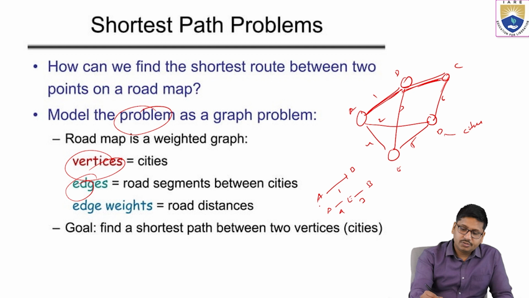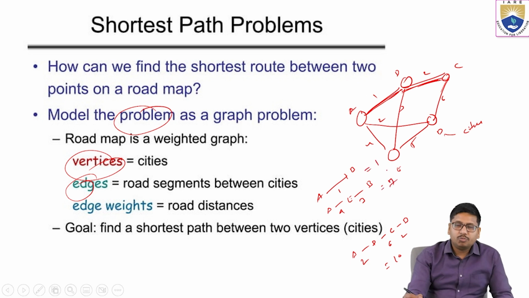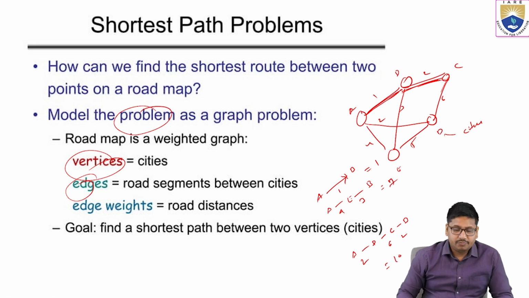Otherwise, I can also reach from A to D, then D to C, and then C to B. So A to D is 2, D to C is 6, plus 2, so the total cost is 10 in this case, here it is 7, and in this case 1. So the shortest path is A to B only. Like this, we find the shortest path between a pair of cities.